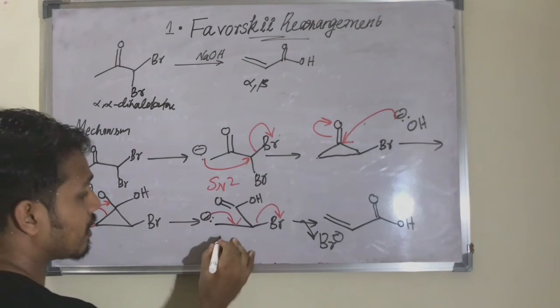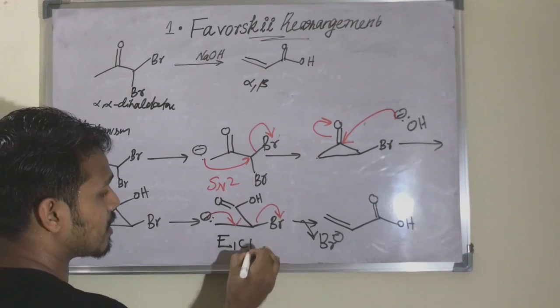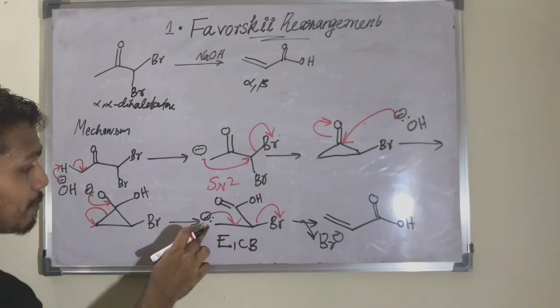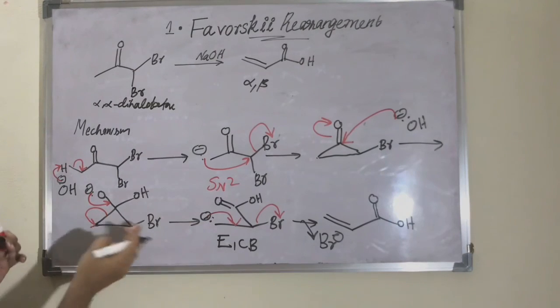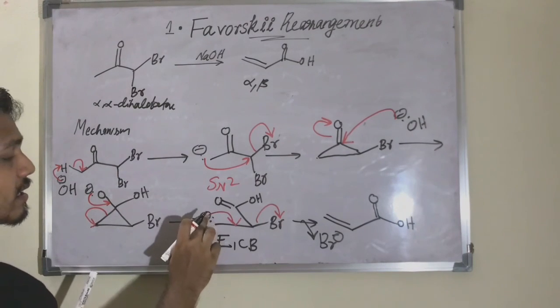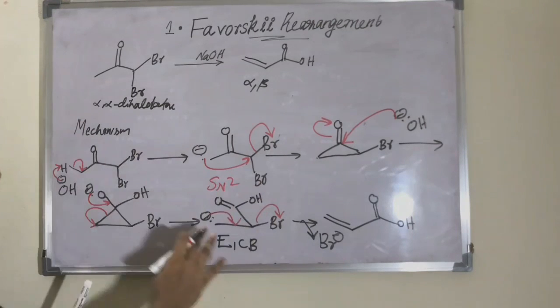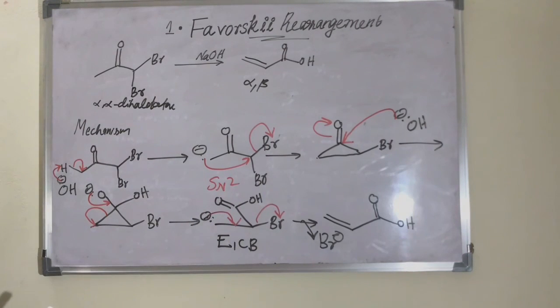This is called E1cB elimination. Clear? So these are the three different substrates you can see in the case of Favorskii rearrangement. I hope you got the concept. Go through some examples. Okay, thank you.